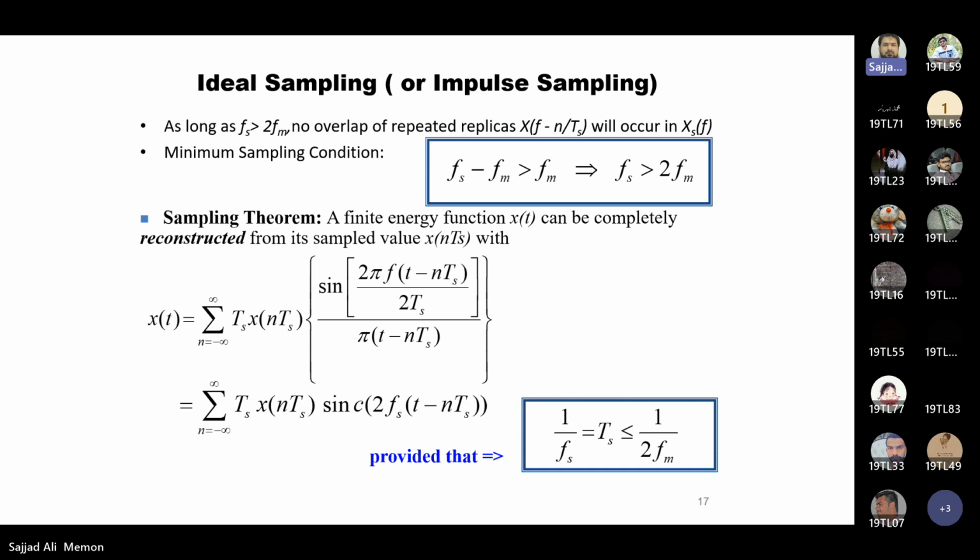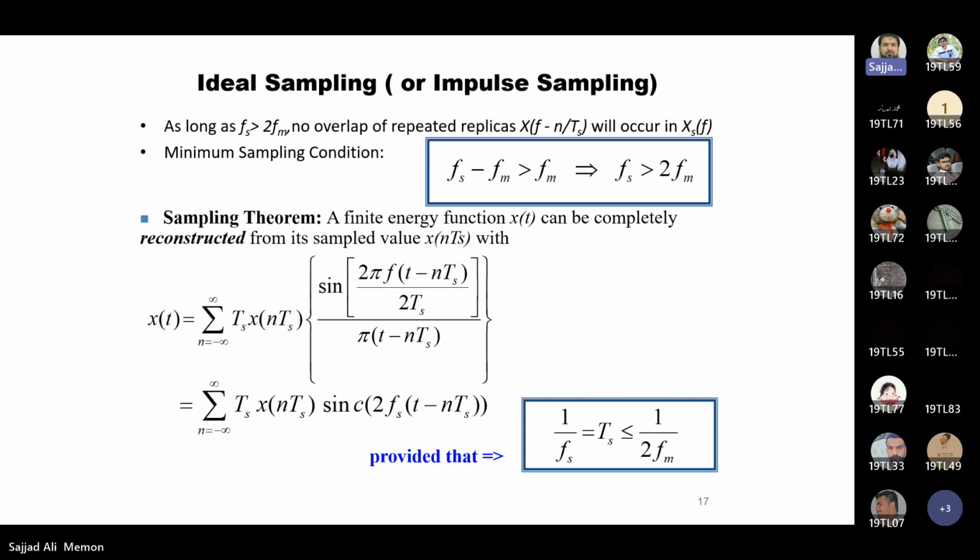like in the case of human voice, we know that its actual bandwidth is 3.1 kilohertz. The actual range is from 300 hertz to 3400 hertz. That is 3.1 kilohertz. So the sampling rate should be equal to 6.2 kilohertz. But we never take 6.2 kilohertz.